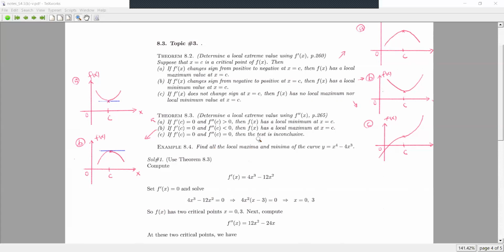So in this case, no conclusion can be made. Now in the following, let's see some examples about how to use these two tests to solve problems.